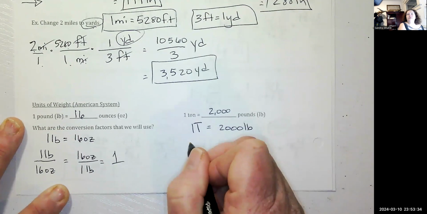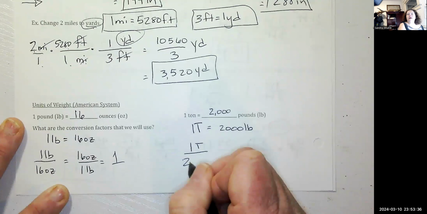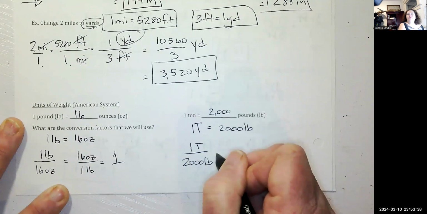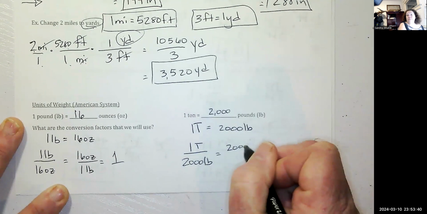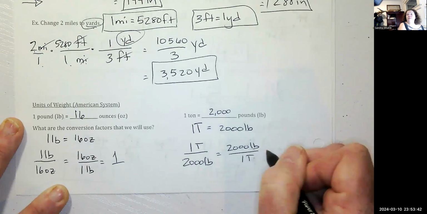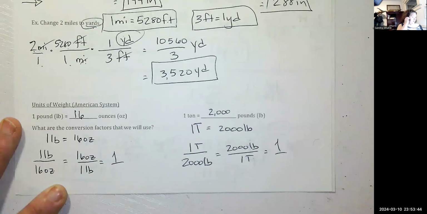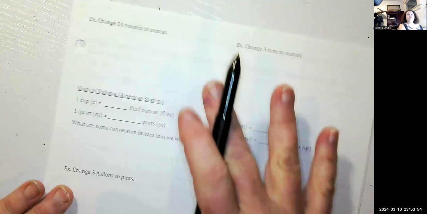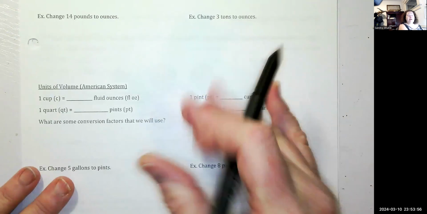We can write 1 ton divided by 2,000 pounds, or 2,000 pounds divided by 1 ton, and those are both equal to 1. All right, see where we're heading next. We're going to go do some converting of weight.